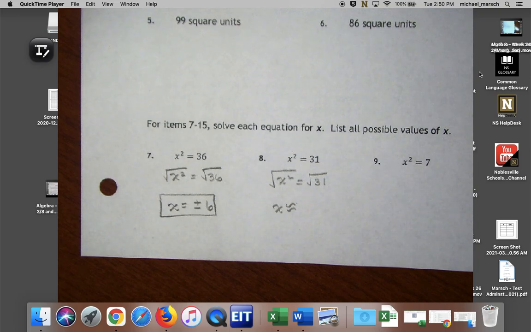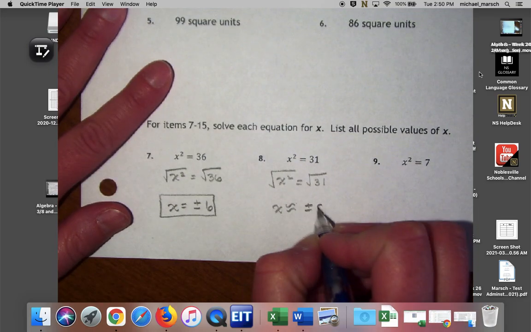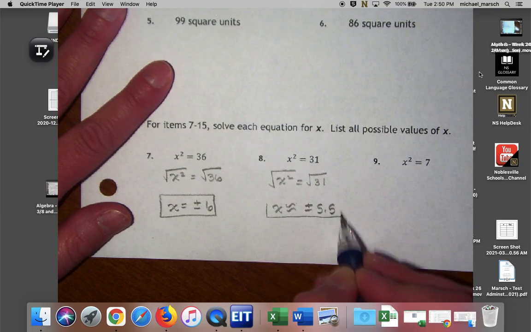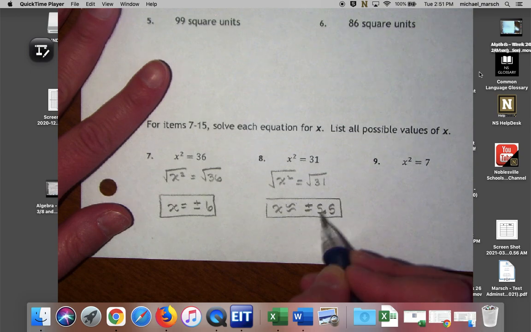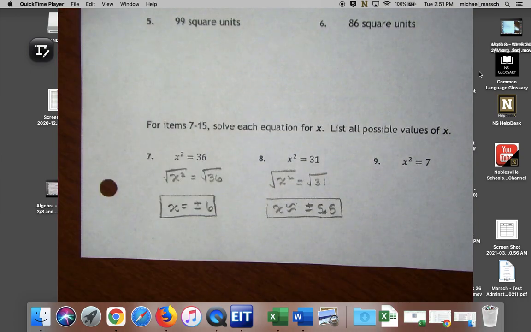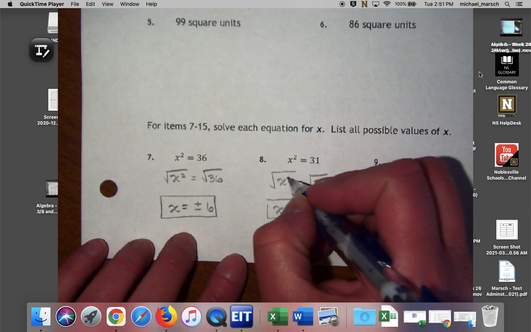Positive or negative 5.5. So now I have a squiggle, I have a positive negative symbol. We're getting super fancy here. Is that an L right next to that X? What now? The square root symbol. No, it's a 2. Oh, it's a 2. It's just a really fast 2 right here.